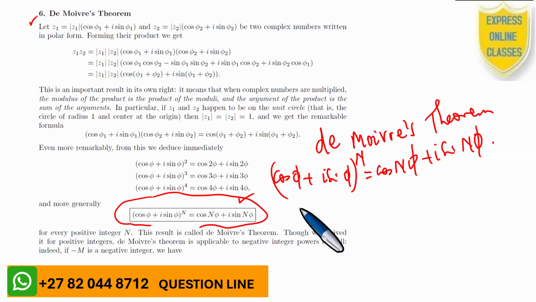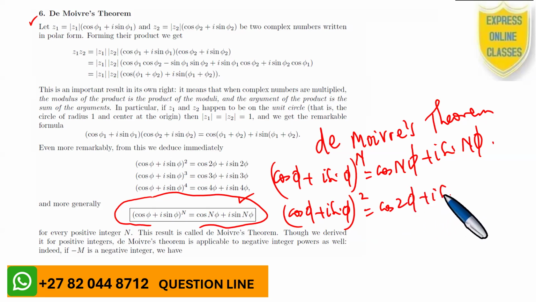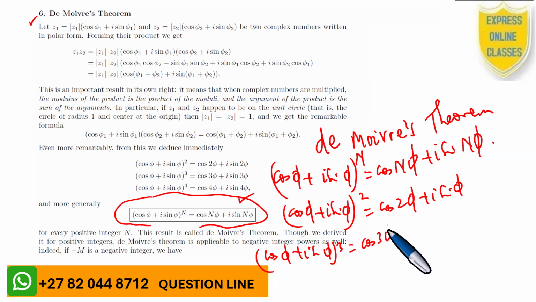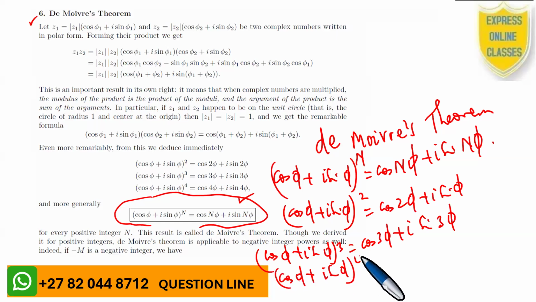Like if you're going to do cosine phi plus I sine phi and then you square it, it is cosine of 2 phi plus I sine of 2 phi. If you cube it, cosine of 3 phi plus I sine of 3 phi. Raise it to the fourth power, cosine 4 phi plus I sine 4 phi.